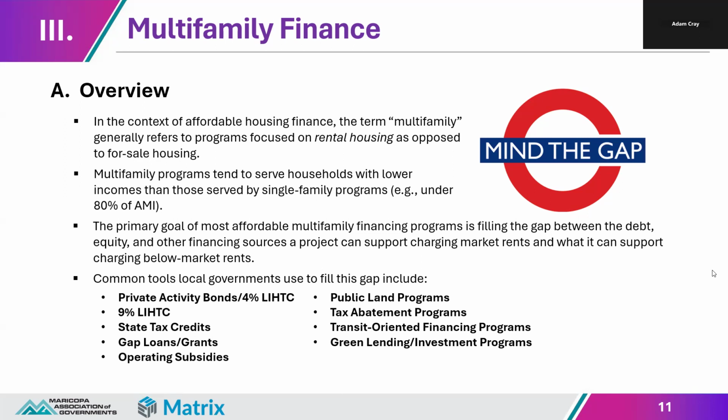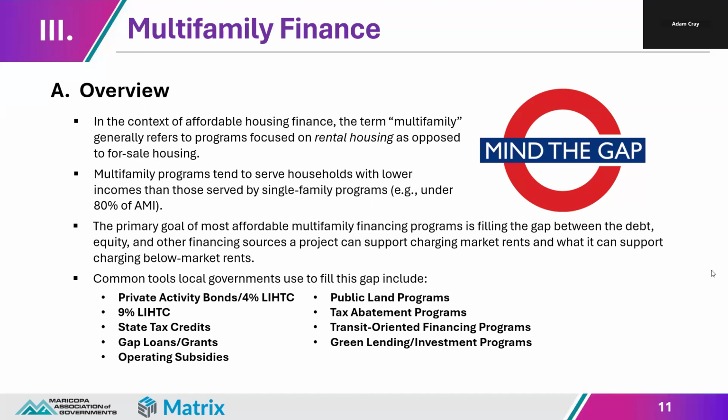So really, if you take nothing from this slide, other than this, I think you'll be in good shape. Multifamily finance really is, as I mentioned before, about filling the gap. That's the way that you have to think about all multifamily finance programs that you might create. Essentially, there is a gap that's created when you suppress rent levels below market rents for the benefit of affordability for low-income people, right?